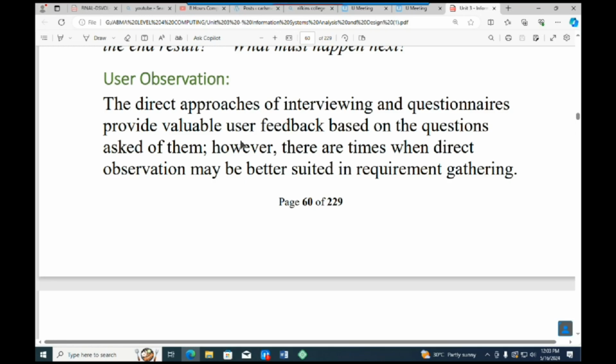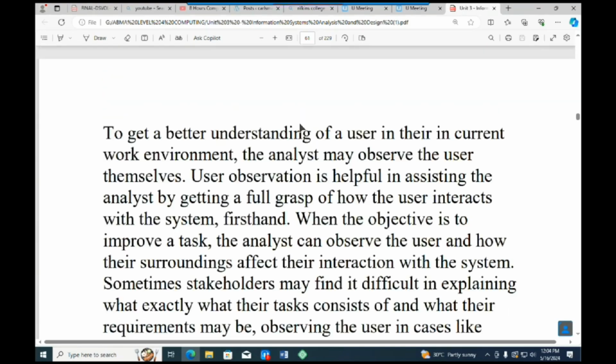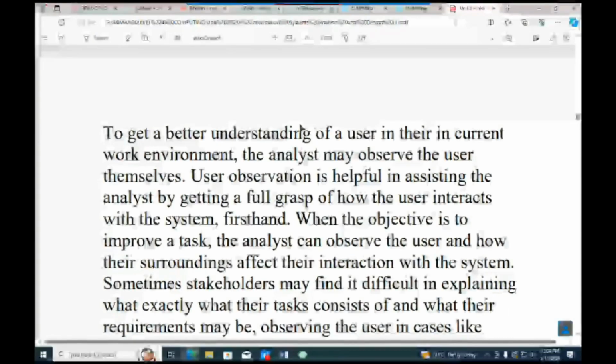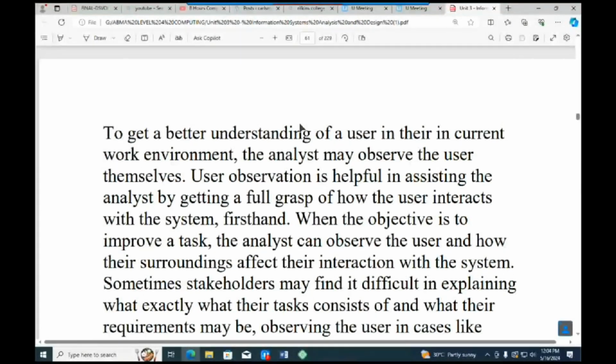As much as interviews and questionnaires provide valuable user feedback, based on the questions that you ask, at times there are other scenarios where it will be more suited if you observe the user on your own. So for you to have a better understanding of the user in their current working environment, as an analyst, you may observe the user themselves.